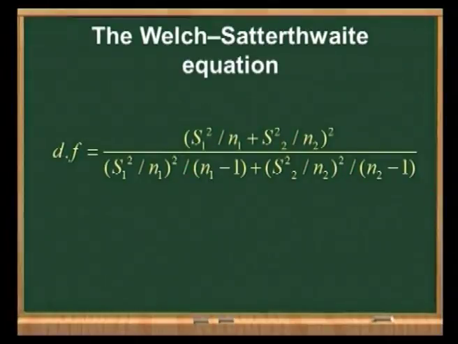For use in significance testing, the distribution of the test statistic is approximated as an ordinary Student's t distribution with the degrees of freedom calculated as: degrees of freedom is equal to (S1 squared divided by n1 plus S2 squared divided by n2) the whole squared, divided by [(S1 squared divided by n1) the whole squared divided by n1 minus 1, plus (S2 squared divided by n2) the whole squared divided by n2 minus 1].